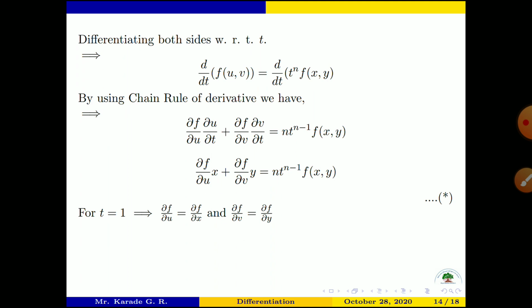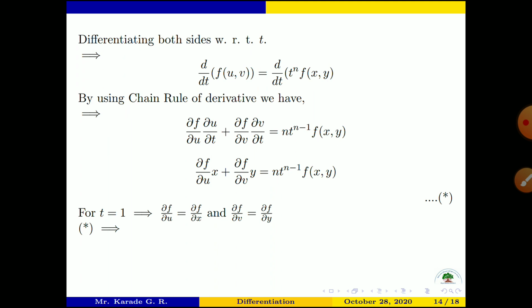If I put t = 1, then ∂f/∂u will become ∂f/∂x, because u = xt and t is 1, so u becomes x. So ∂f/∂u = ∂f/∂x and ∂f/∂v = ∂f/∂y.